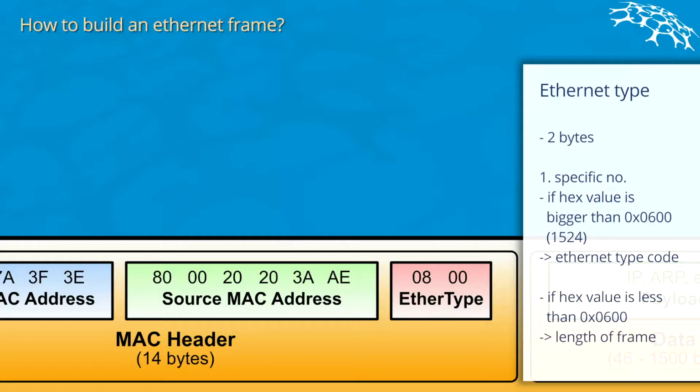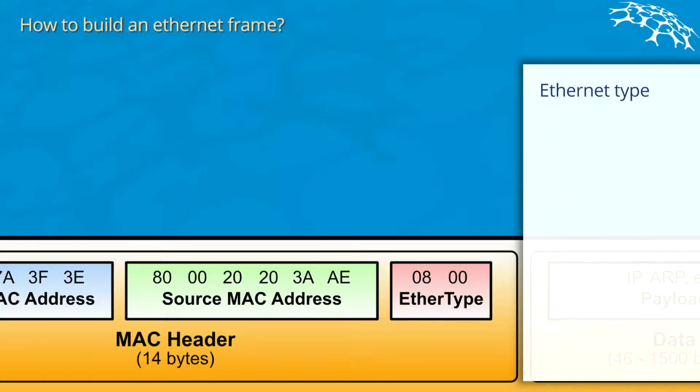If the number is less than 0600, this means that this number represents the length of the frame. And the length of such an Ethernet frame can be between 46 and 1500 bytes. There's actually a reason why the frame has to have a certain minimal length, which I will explain to you in the next 2 videos.